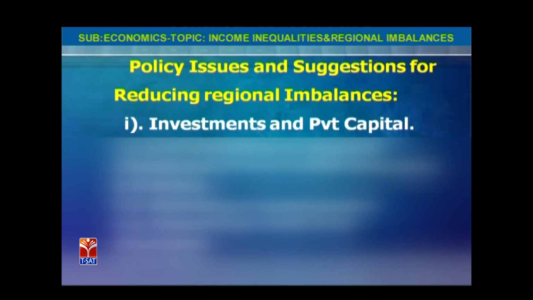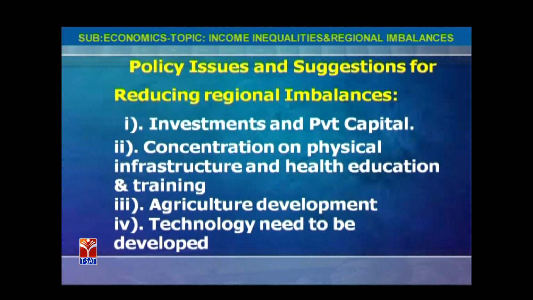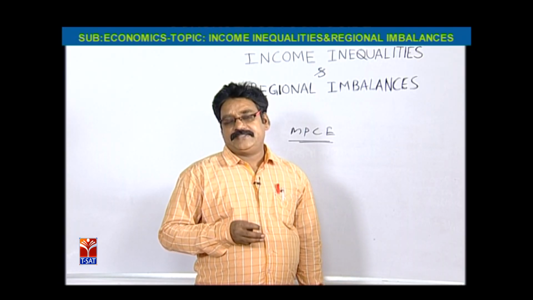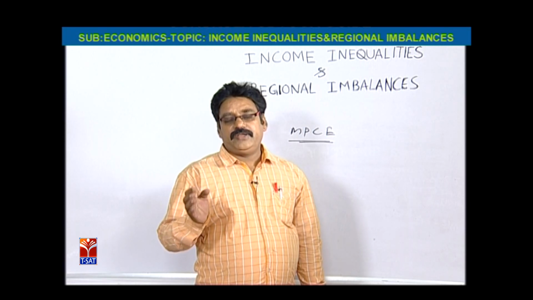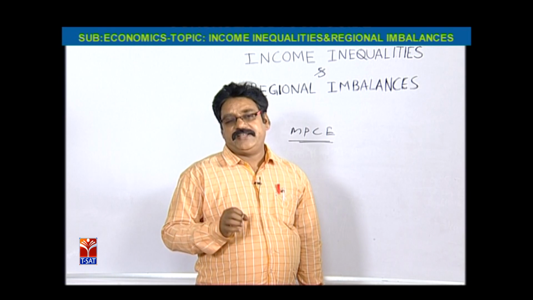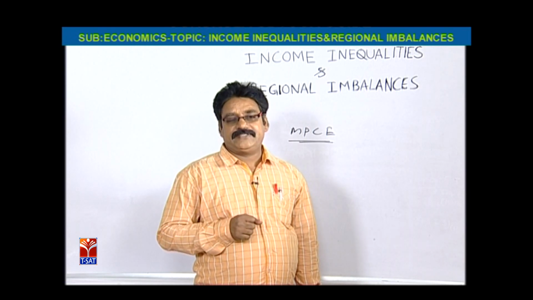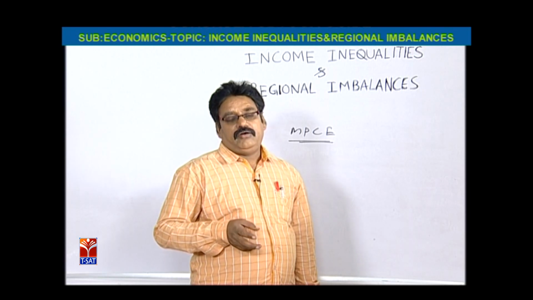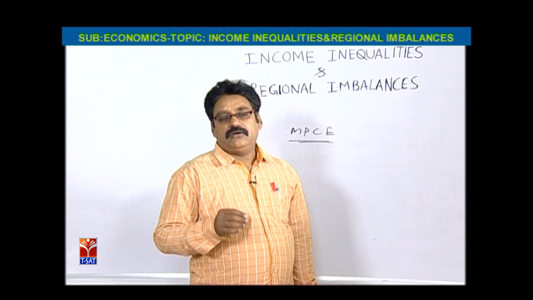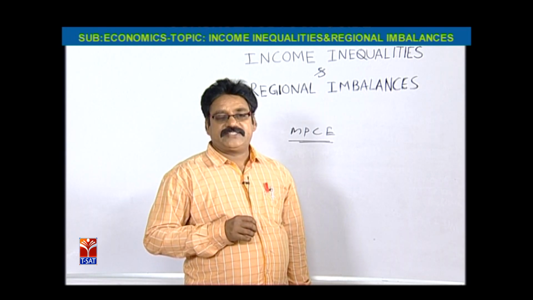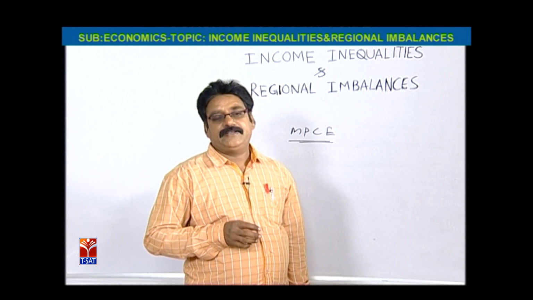Investment and private capital should be encouraged towards the backward areas by giving incentives and subsidies. People who are ready to invest in backward areas may be encouraged by incentives. The government is encouraging people to establish industries in backward states and regions without taxes.